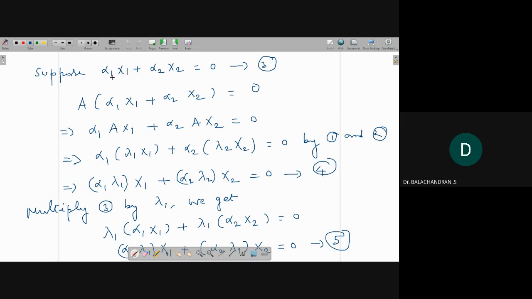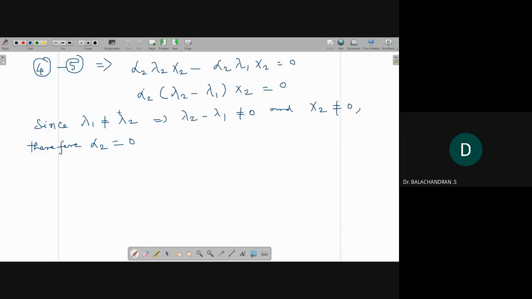So from this, alpha 1 equal to 0, since x1 is a non-zero eigenvector.